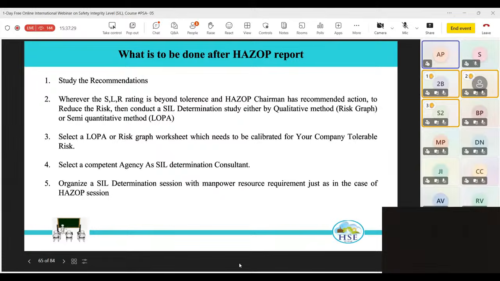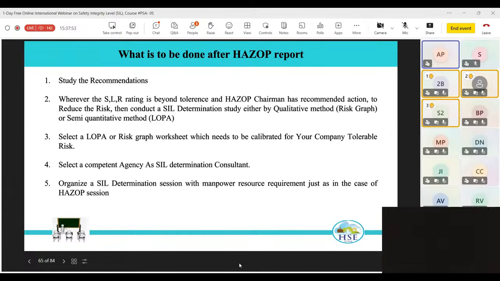But if you do not have that, then you have to go to certain standard data available in the industry, like CCPS. I mentioned this name in the morning, CCPS, Center for Chemical Process Safety. They have given standard industry references.